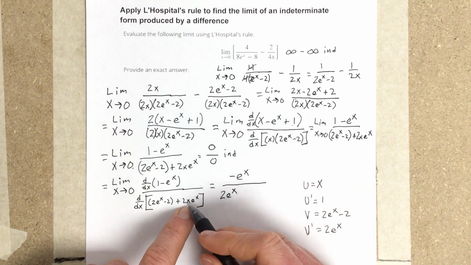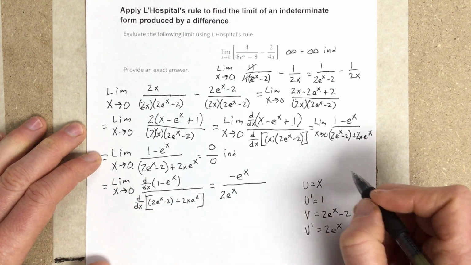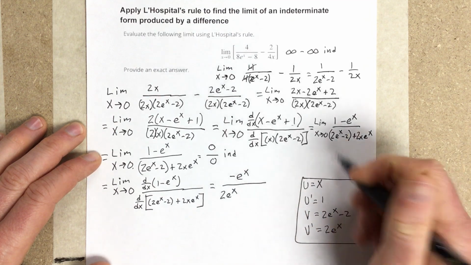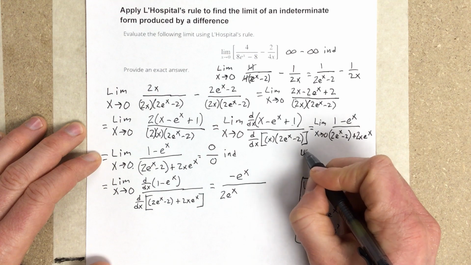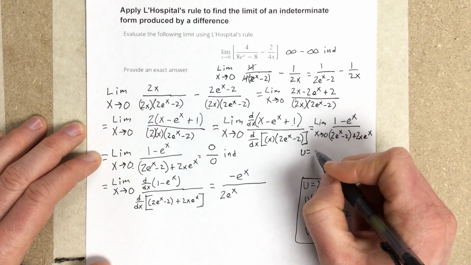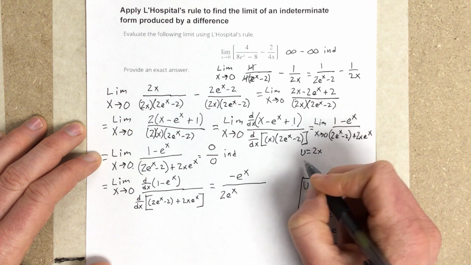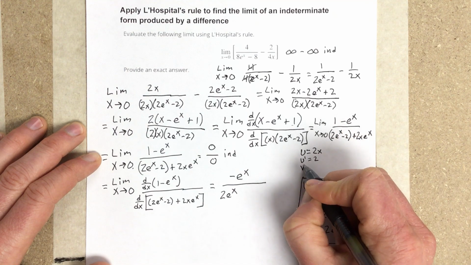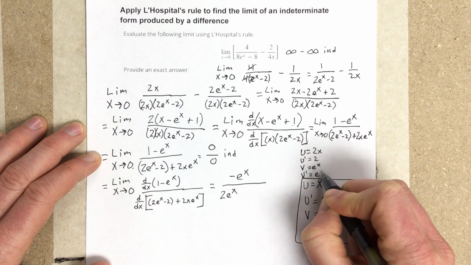I have to do a product rule on this 2x e to the x. So u equals 2x, u prime is 2, v is e to the x, and v prime is still e to the x.